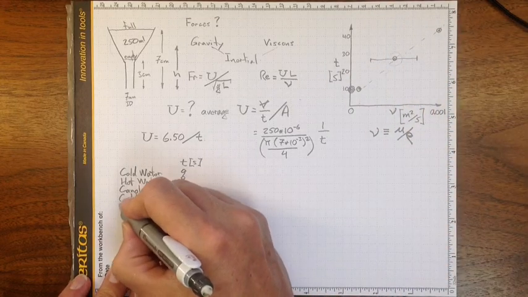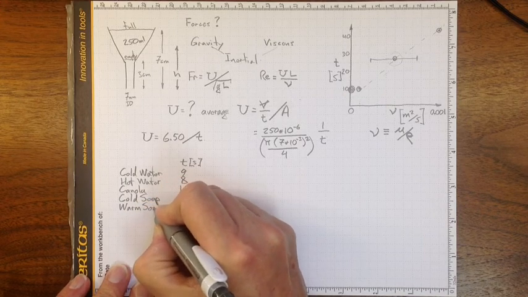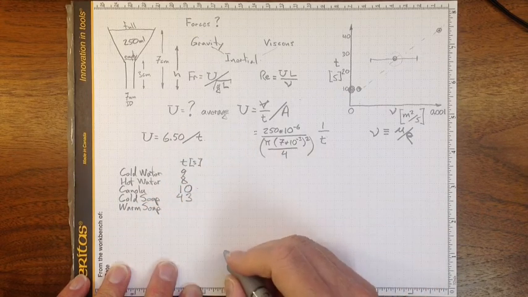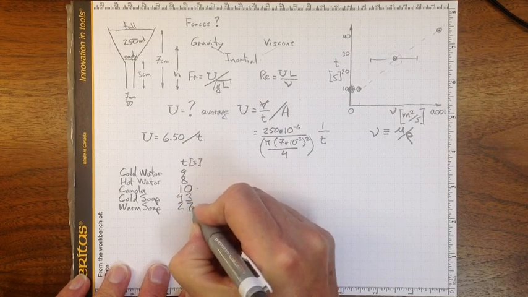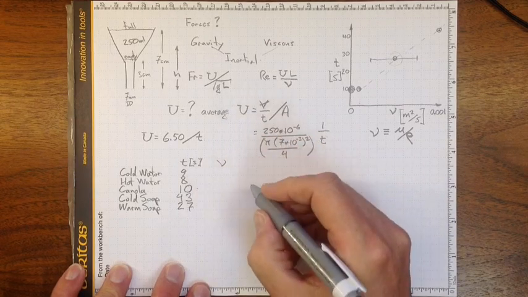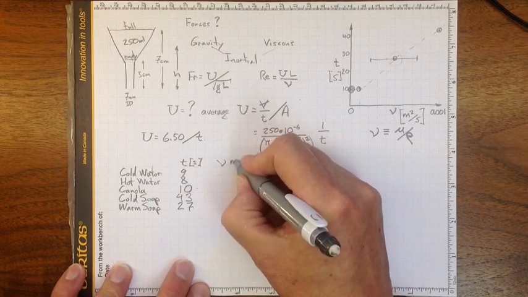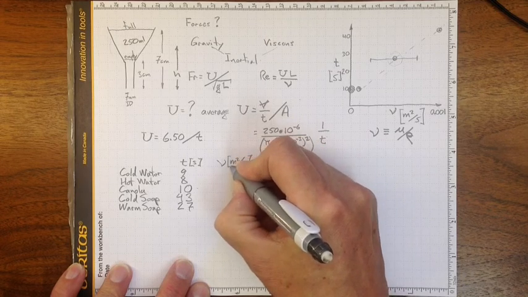When I warmed up the soap, and I'm not sure just exactly how warm I got it, I wound up with a time of about 27 seconds. And the best guesses I could get for viscosity on these, and this is in meters squared per second for kinematic viscosity.